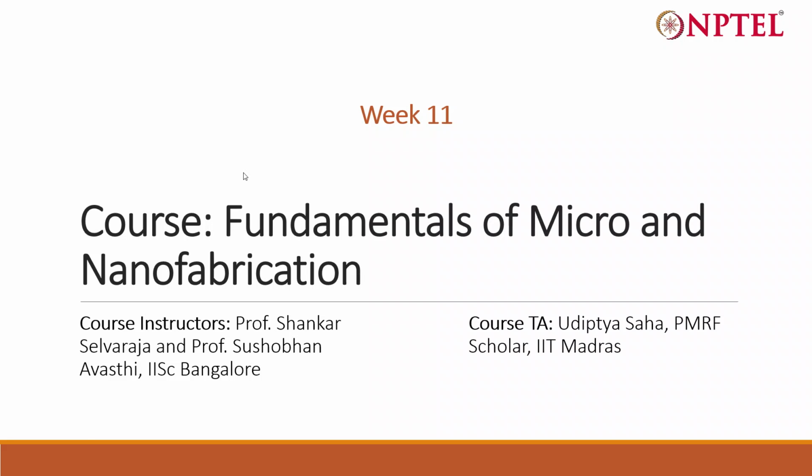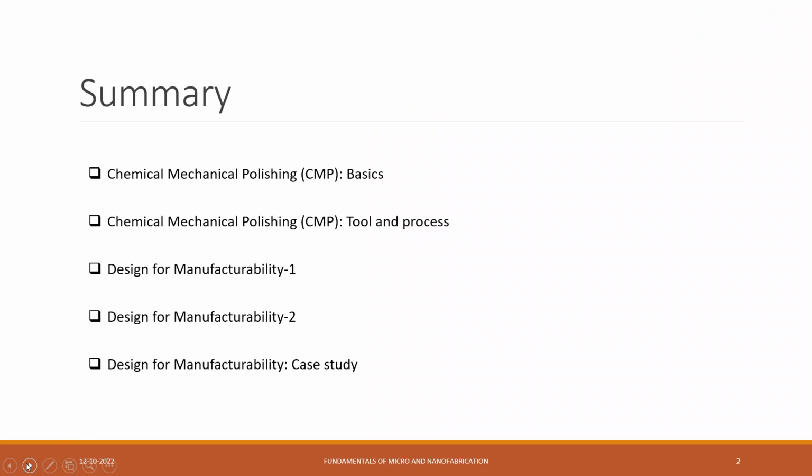So this time we will be focusing on two broad topics, essentially the topics of chemical mechanical polishing. The first two videos are on them: how we make planar surfaces on our wafers.